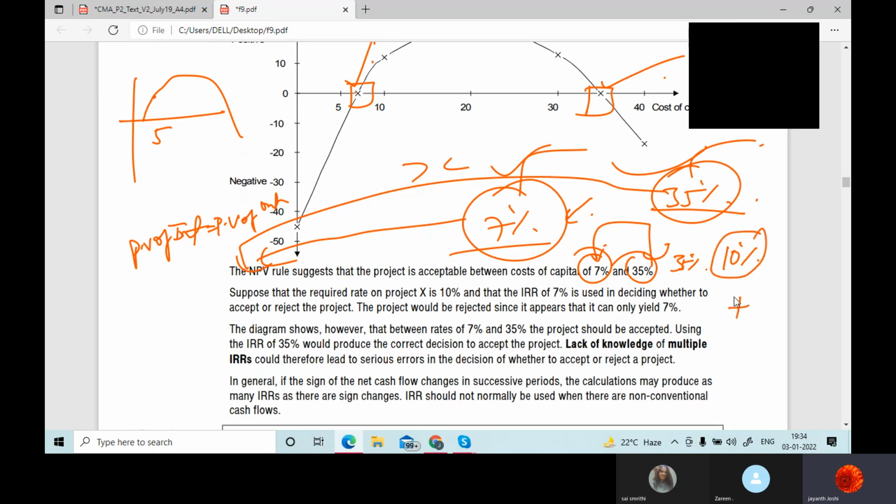Because at this lower rate you get a positive NPV; the discounting will be less, so more cash saving. Here the discounting will be more. So the project's IRR of 35% is more than the hurdle rate, and if you assume the hurdle rate to be 10%, you can accept the project. But for that you should have good knowledge; if you don't, you will make blunders. Correct?